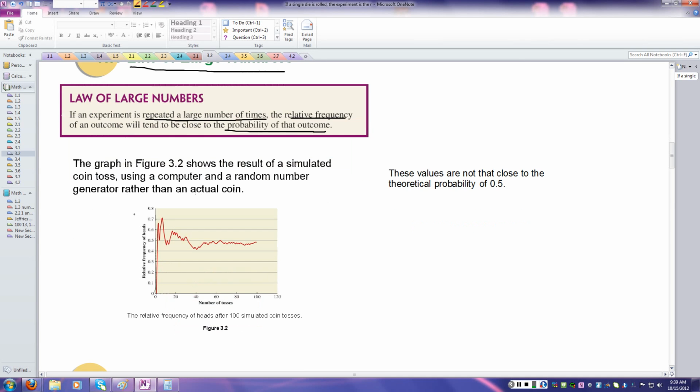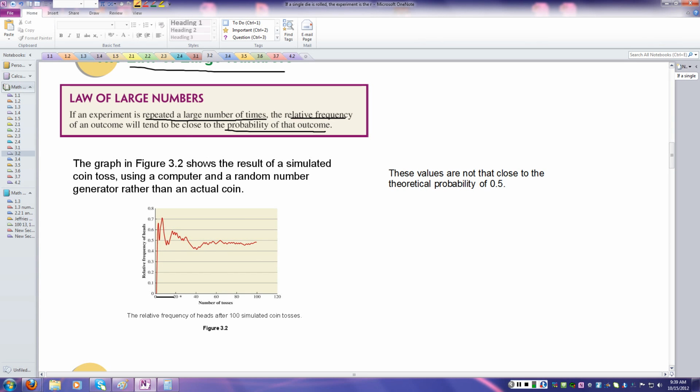So this is an example of the coin toss experiment. And if you see, if I do less than 20 coin tosses, my probability is all over the place. You know, here it's 0.4, 0.65, 0.5, 0.7, less than 0.5, more than 0.5, and it's kind of jumping all over the place.